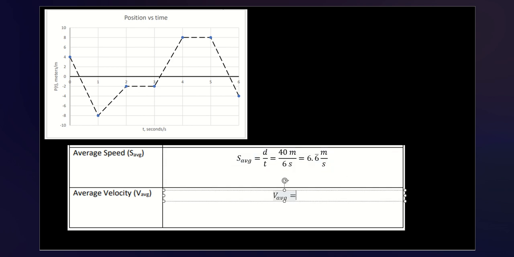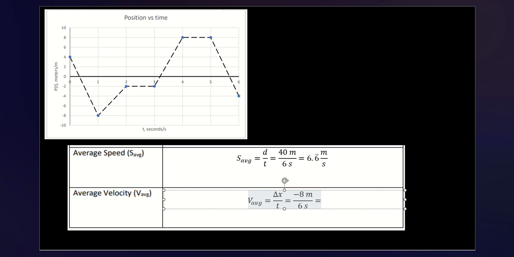Average velocity, that's easy as well, because all we need for that is our displacement divided by time. So we already calculated that our displacement was negative 8 meters, and we still have a total time of just 6 seconds for the entire run, so that's not going to change at all.